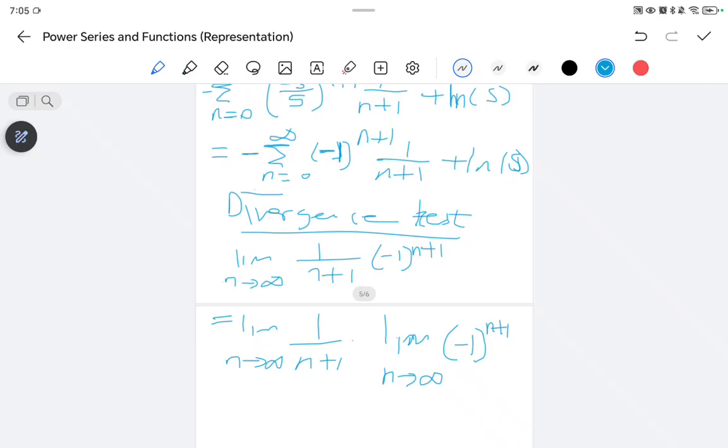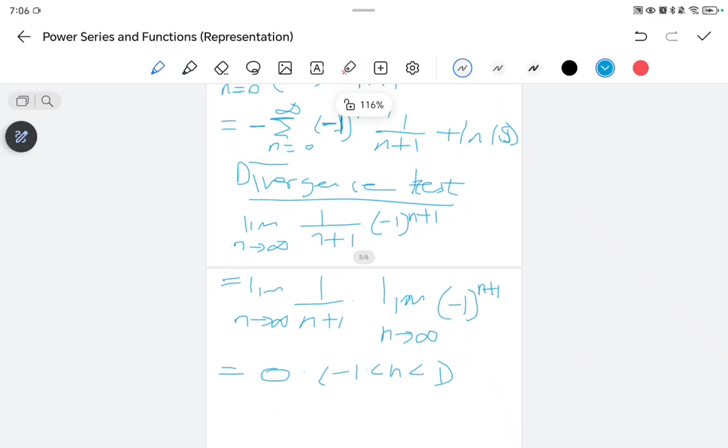The limit should be unique. So this will be 0 times this one, which oscillates between minus 1 and 1.